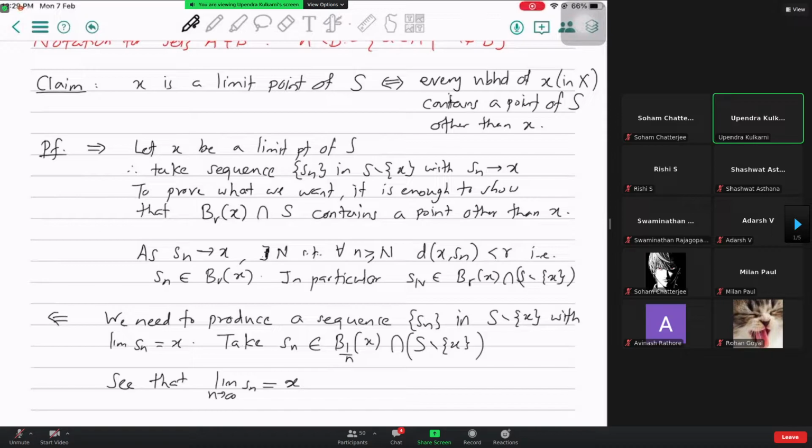So let us suppose that when n is 10, that means I want a point that is within distance 1/10 from X. We will eventually reach that n. So suppose I choose something at distance 1/10.5.